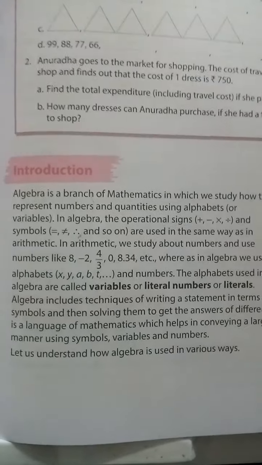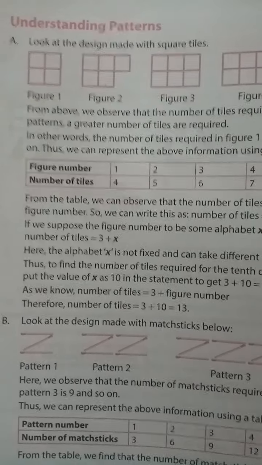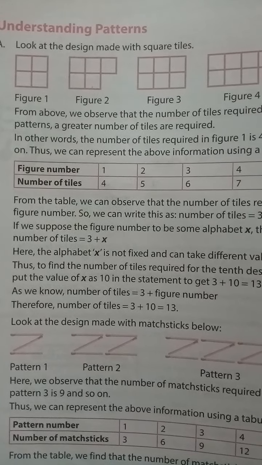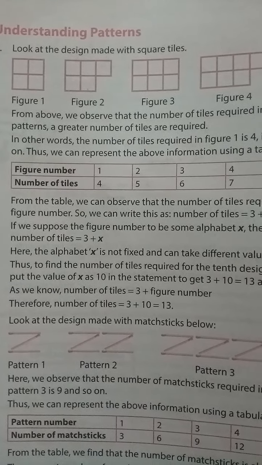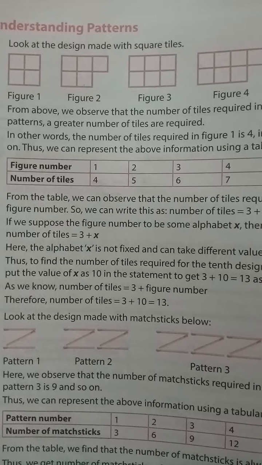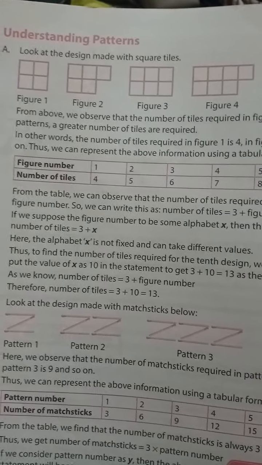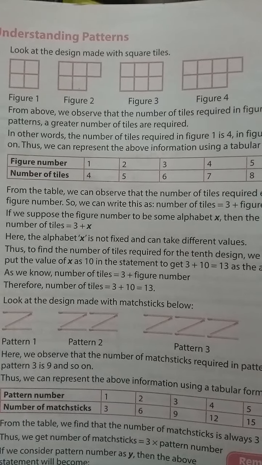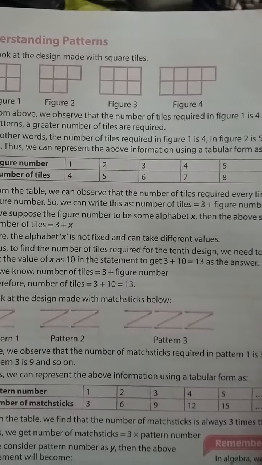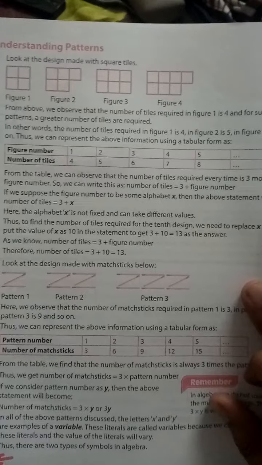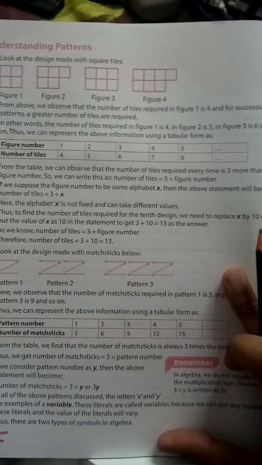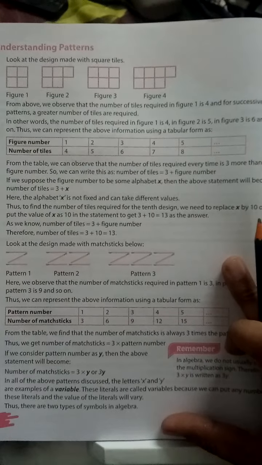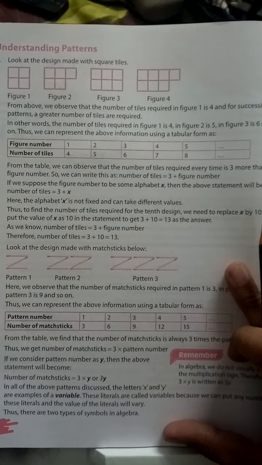Is that clear? Now taking an example, like we have four square tiles, figure 1, 2, 3, 4. From the above we observe that the number of tiles required in figure 1 is 4, and for each successive pattern a greater number of tiles is required.